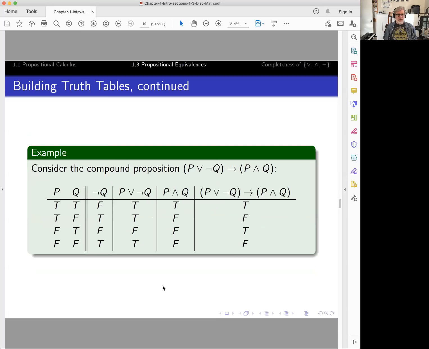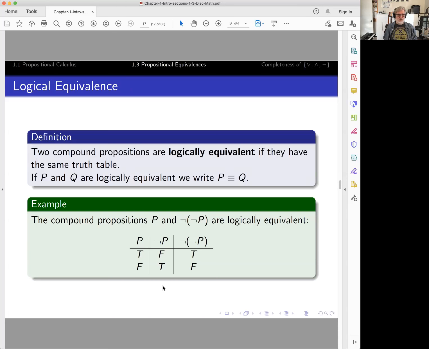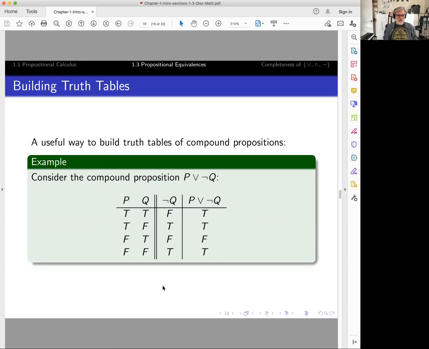I want to do this, but I need to tell you how to build the truth tables. Obviously, if I give you two compound propositions, loads of variables in them, and I ask you, are they logically equivalent? So you look up the definition, say, okay, logically equivalent means that they have the same truth table. So how do you check that?